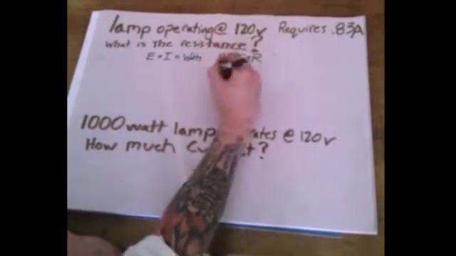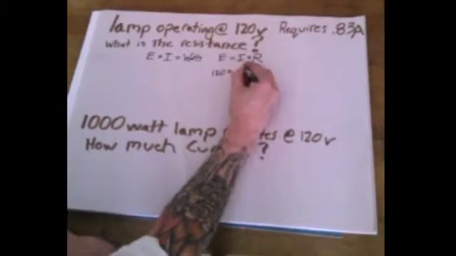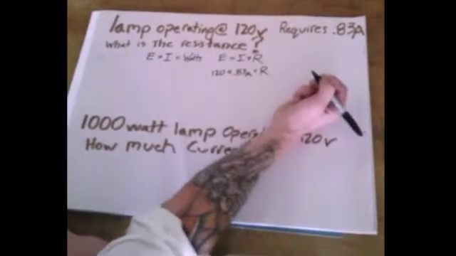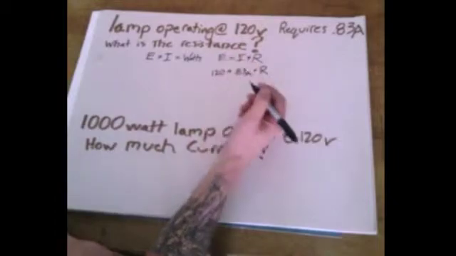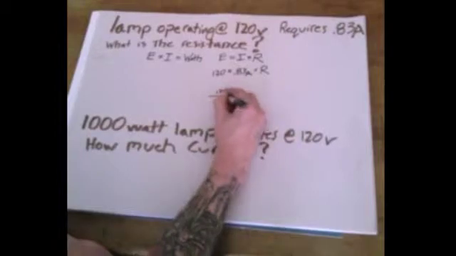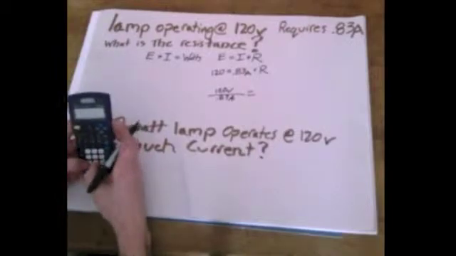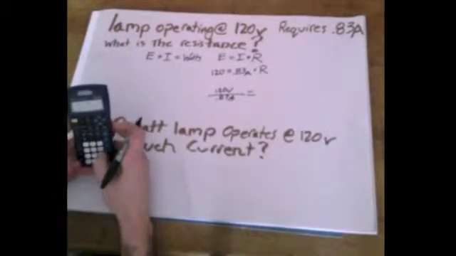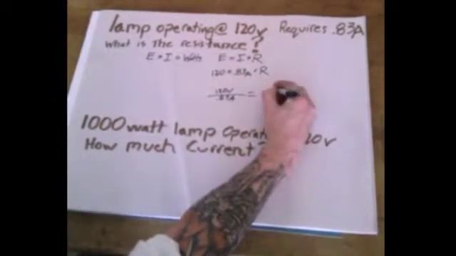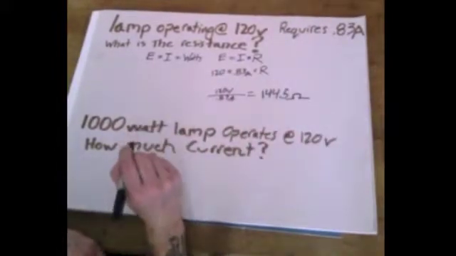So obviously, it's 120 volts, and that will equal 0.83 amps times a number, which is the same as 120 volts divided by 0.83 amps, and that will give you a number. And I'm going to use a calculator because that's the way I roll. And then I'll give you 144.5 ohms.